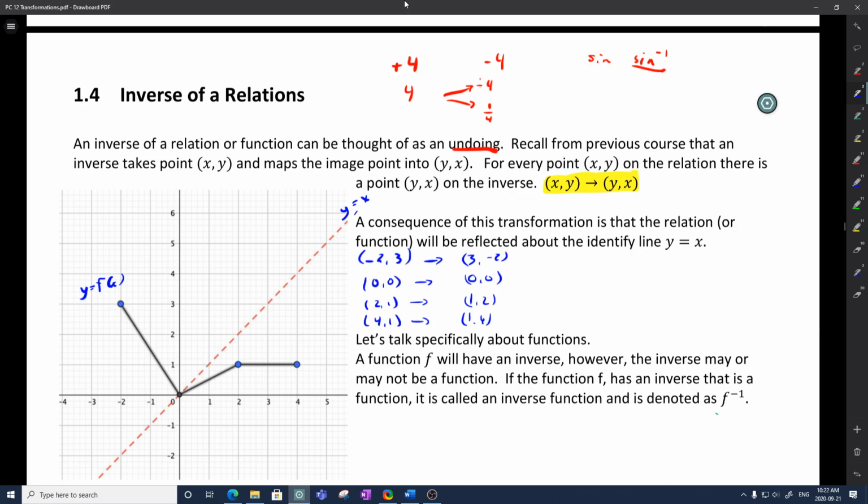There I have it. I took the 4 very obvious points on my function, and now I've graphed the inverse, or I've mapped out the inverse points. So point (-2, 3) turns into point (3, -2).